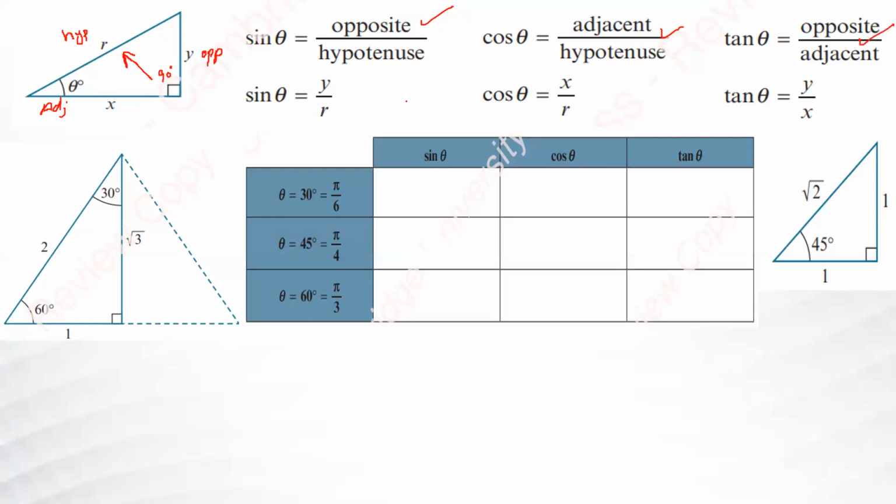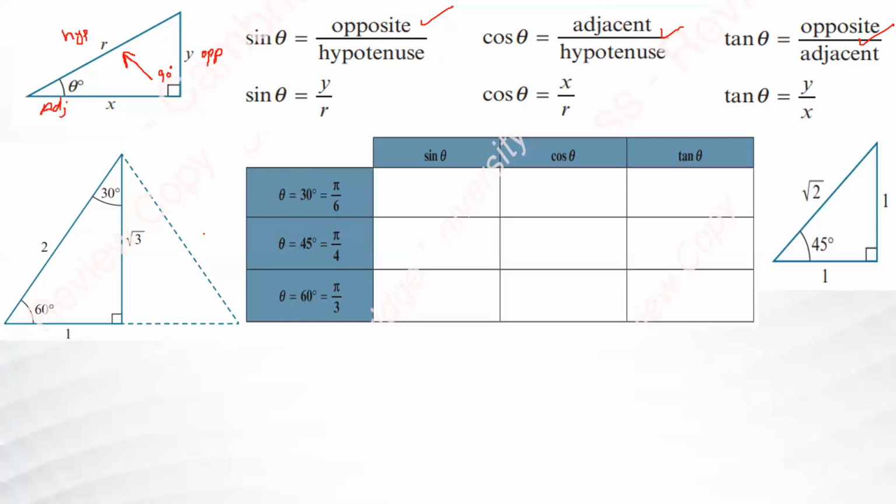I mentioned the sides opposite, adjacent as well as hypotenuse. So you can see the values: sine theta is y over r, cos theta is x over r, and tan theta is y over x. These are all called trigonometric ratios, and these will help you find the answers for the upcoming values of sine 30, 45, and 60.